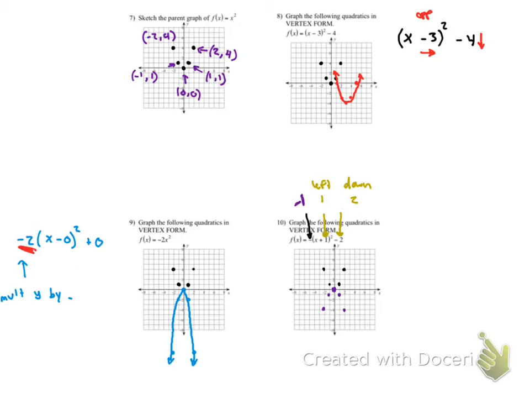That'll be your new point right there. Hopefully you can see that. Okay, next I'm going to start with this point here. Left 1, down 2. Left 1, down 2. And now I'm doing this point here. Left 1, down 2. And last, left 1, down 2. And there's our graph.